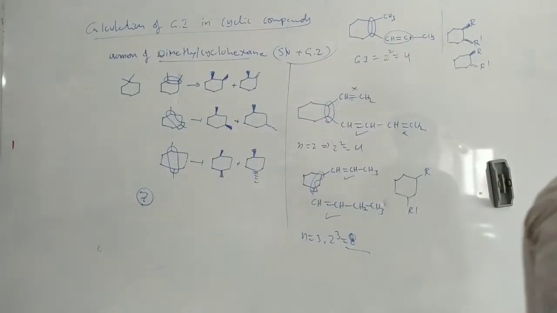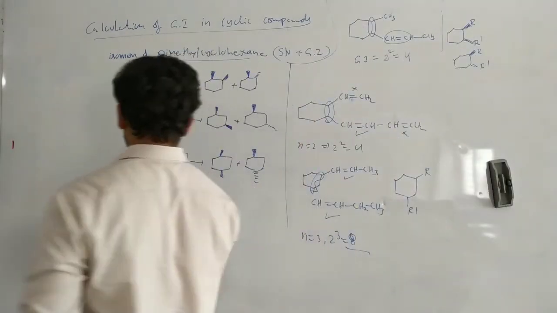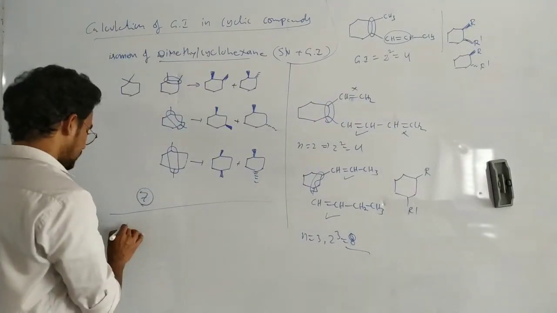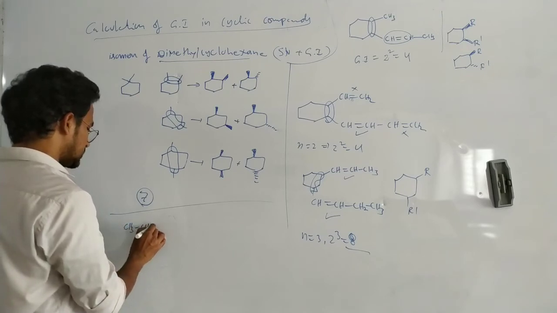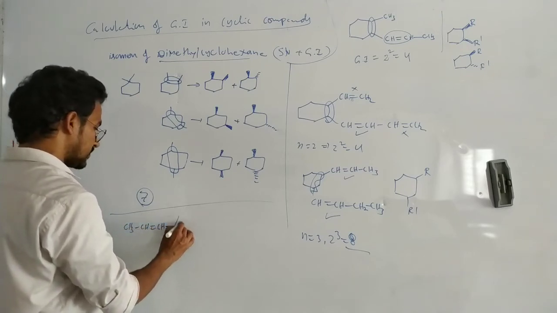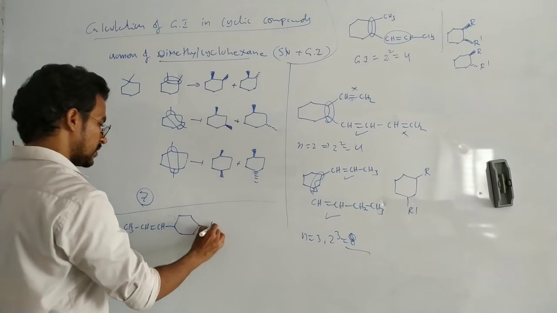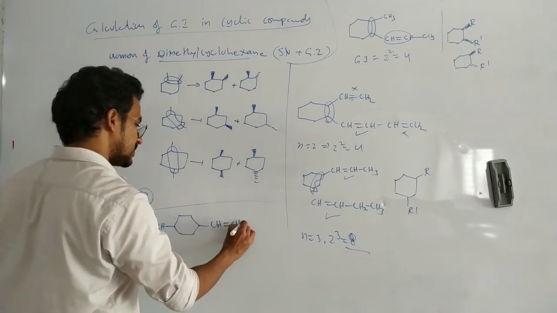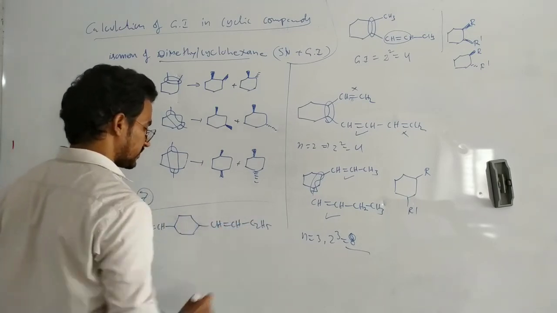Okay. And next, here one more example. Okay, you can see one more example. Here CH3 CH double bond CH, the CH double bond CH and C2H5.